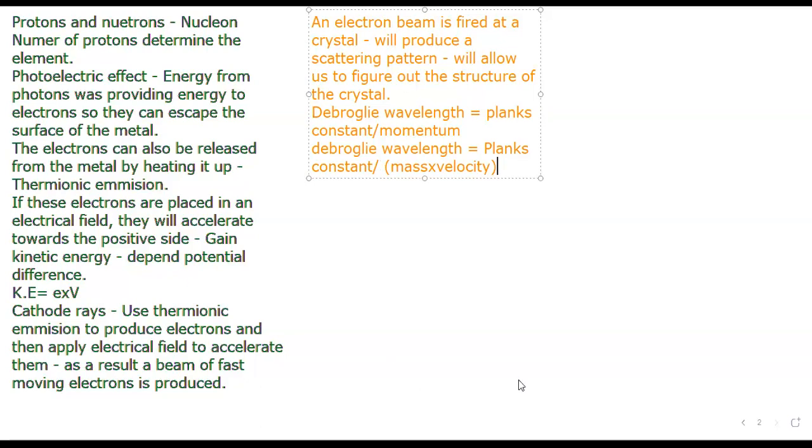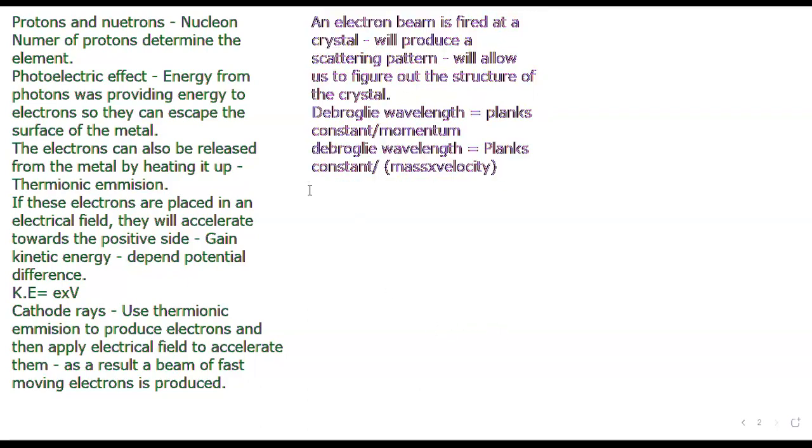Let's go over stuff that is new for us, and let's actually talk about something that I think you have not gone over before, and that is the concept of accelerators, particle accelerators. Right? You might have heard of particle accelerators before, but now we will actually study what particle accelerators are.